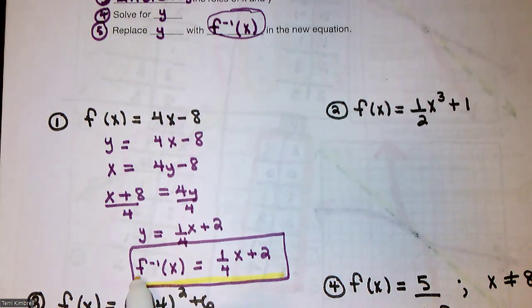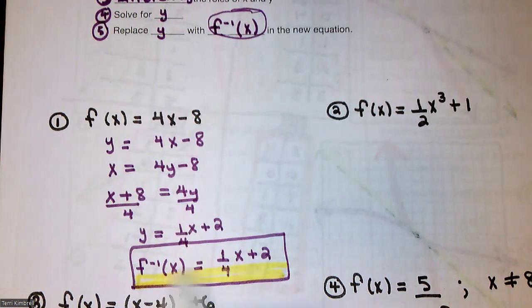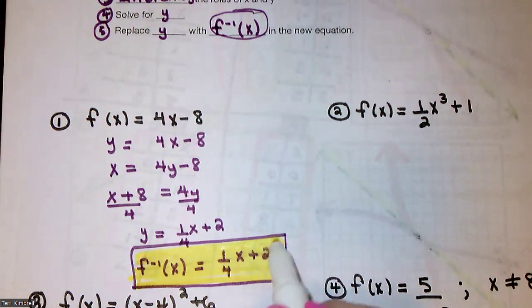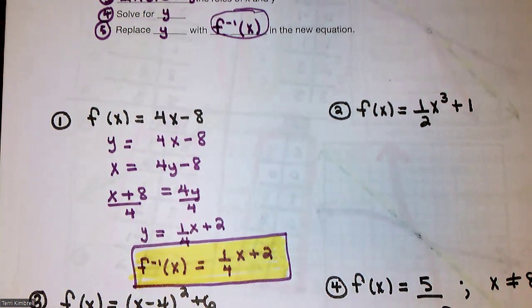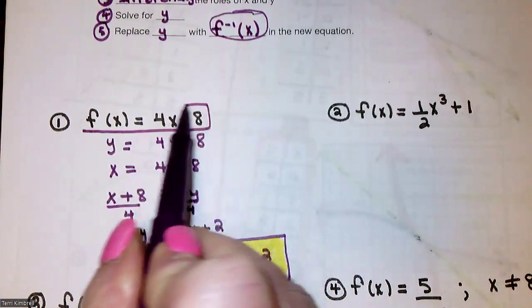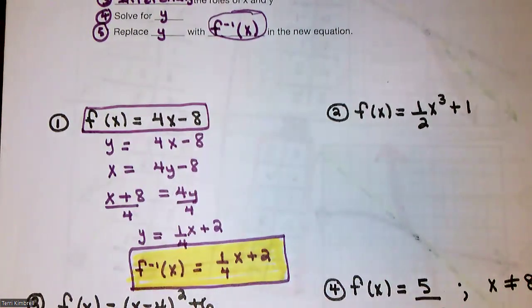Now, if you want to check these, you can always type them into your graphing calculator. You would type your inverse and your original function and see if the graphs are flipped over the line y equals x.